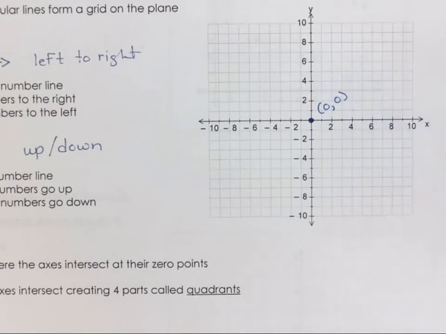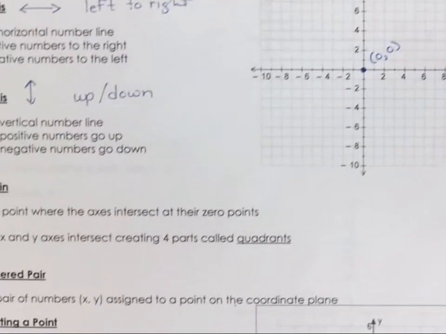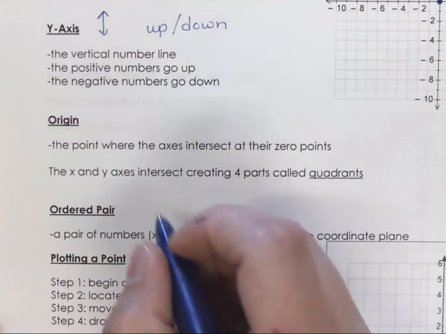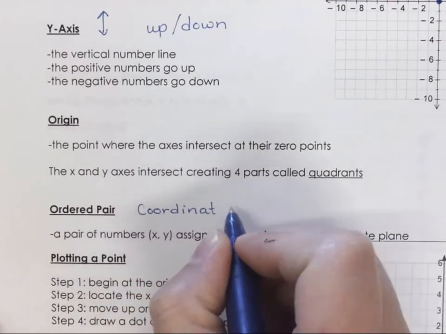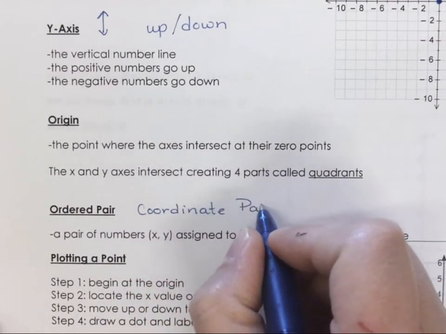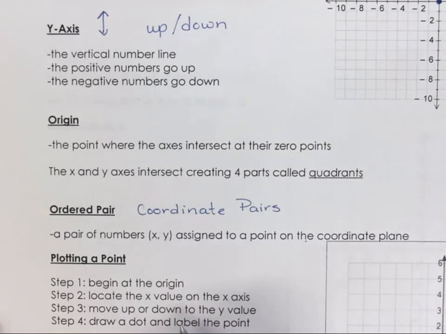So while we're here, a coordinate pair or an ordered pair, on the page I called them ordered pairs, but sometimes we will call them coordinate pairs. They're a pair of numbers that tell you, and it's always the x number first, then the y. It's kind of like in an atlas where, like, you know, Saskatoon is located in A2.